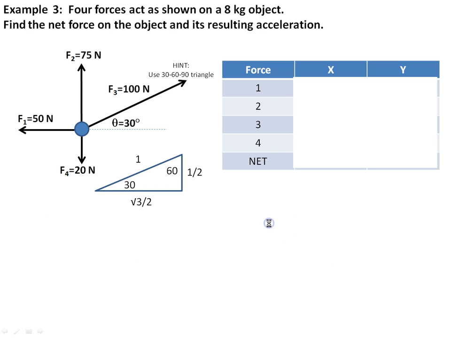Let's do a third example, and in this third example you have 4 forces acting on an 8 kilogram object. And I'd like you again to do the same thing, find the net force on the object and its resulting acceleration. The difference in this problem is that you have a force that's a diagonal force. It's the F3.